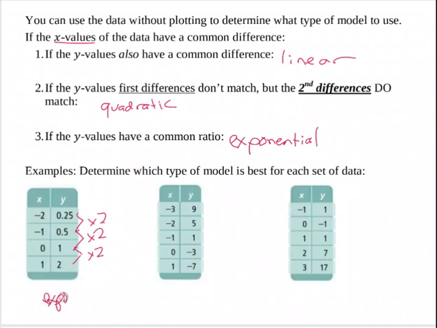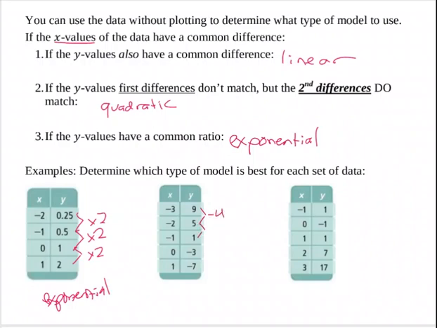Okay, so now let's check the second one. First, check the x's. Are we adding the same amount each time? Yes. Okay, now check the y's. How much are we adding here from 9 to 5? -4. We're adding -4. You can think we're subtracting 4. I like to think of it as adding every time. So this is adding -4.